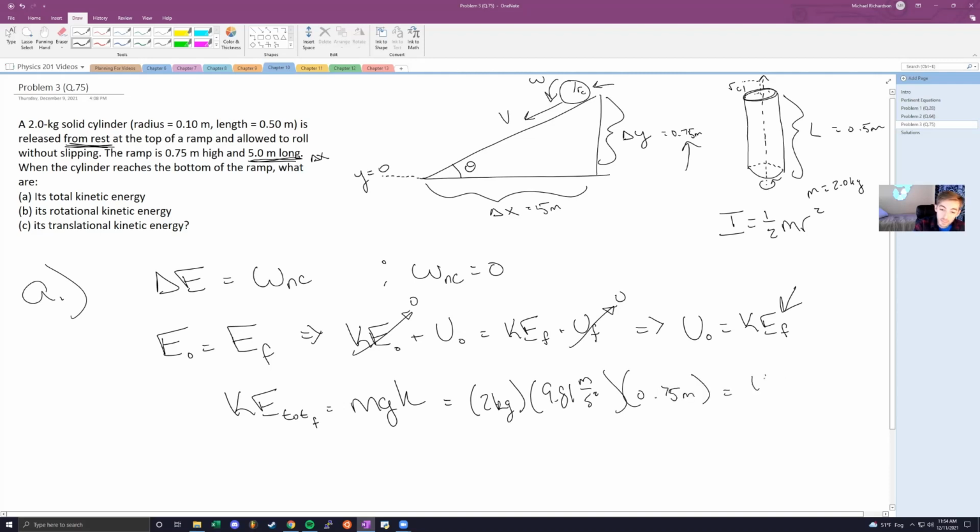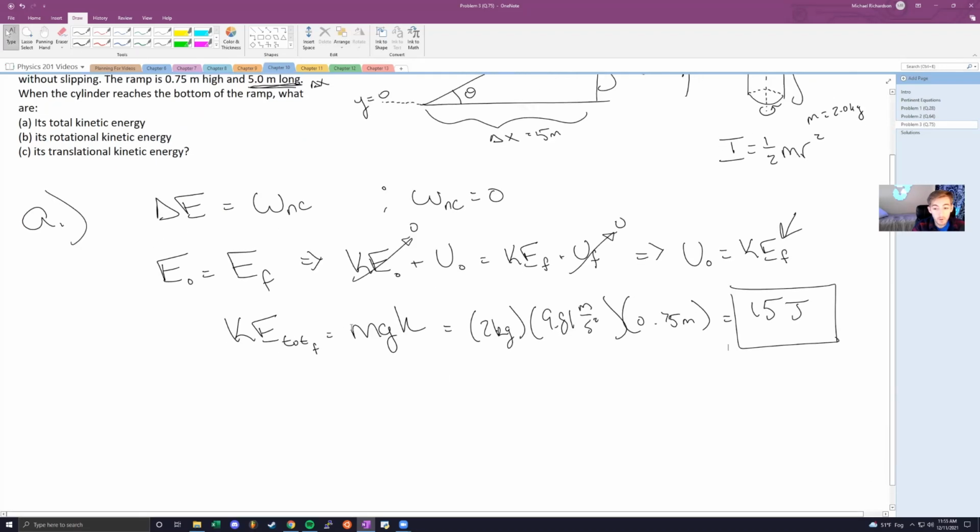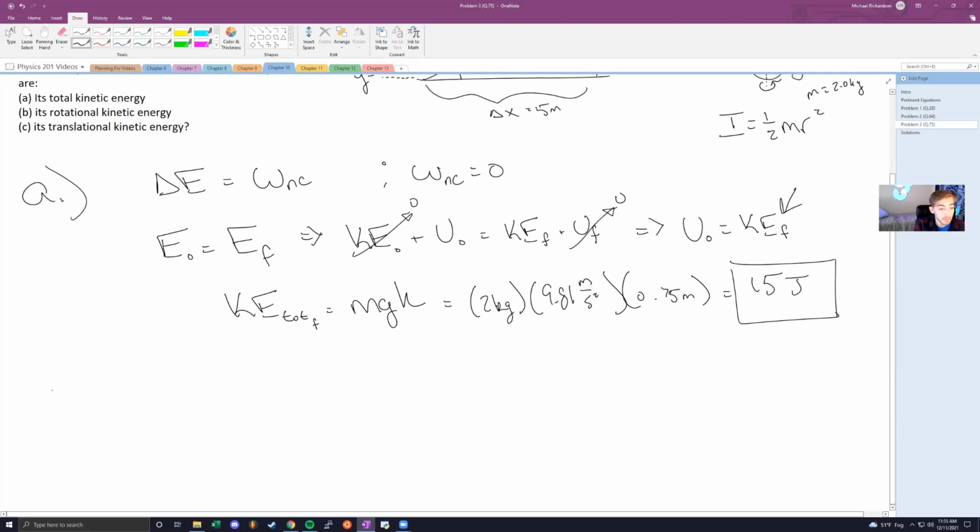We get that it's just going to equal approximately 15 joules of energy at the bottom of our ramp. Okay, so part B is asking, what is the rotational kinetic energy of this?